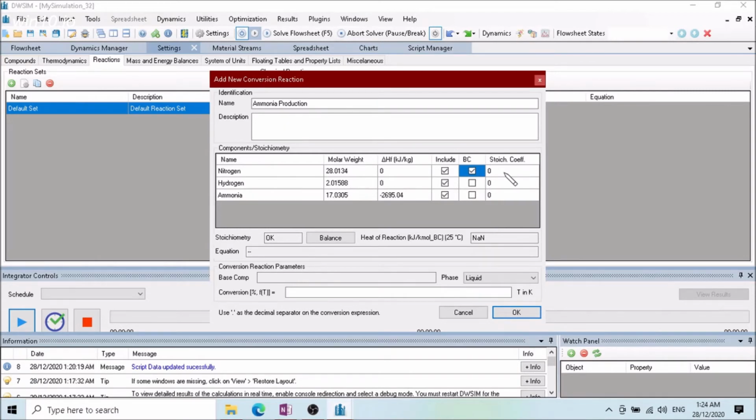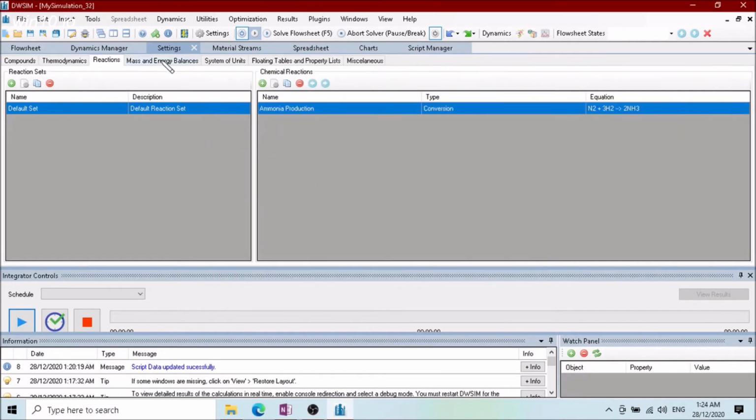So recalling the reaction, we have 1 mole of nitrogen reacting with 3 moles hydrogen to form 2 moles ammonia, taking note of the sign convention. So the reaction is balanced, and we also put in the conversion given by the problem to be 25%.